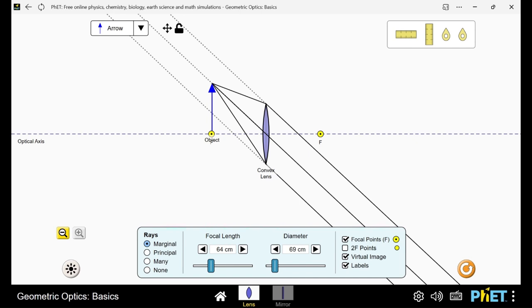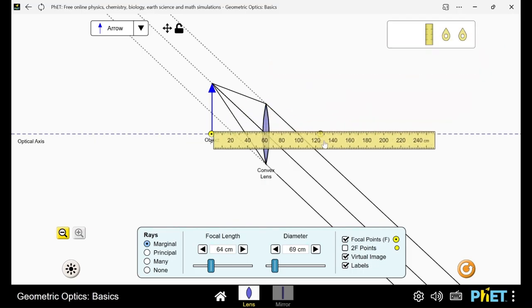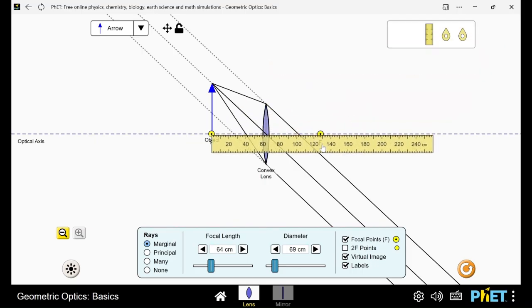Therefore, if you are going to set the object distance, make sure it is greater than the focal length, so that the image is always formed on the screen.